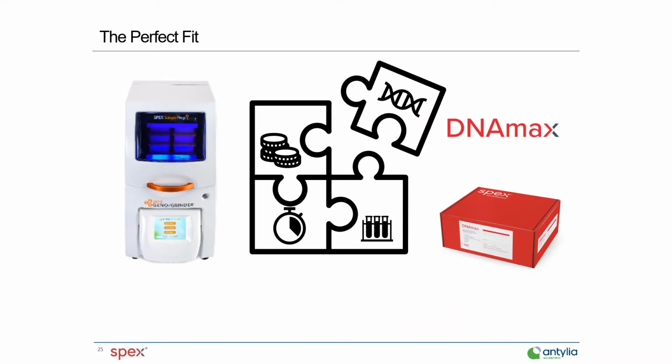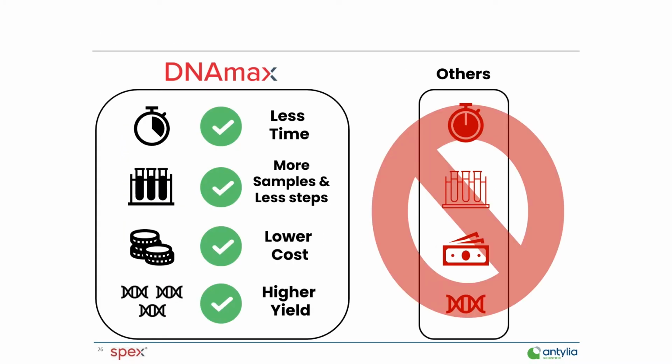We believe our SPEX family of homogenizers and our DNAmax kit are the perfect fit together. They're the perfect combination of DNA or RNA extraction, time savings, money savings, and good, efficient results. We like to say that the DNAmax will give you less time at the bench, so you have more time to spend on other activities.